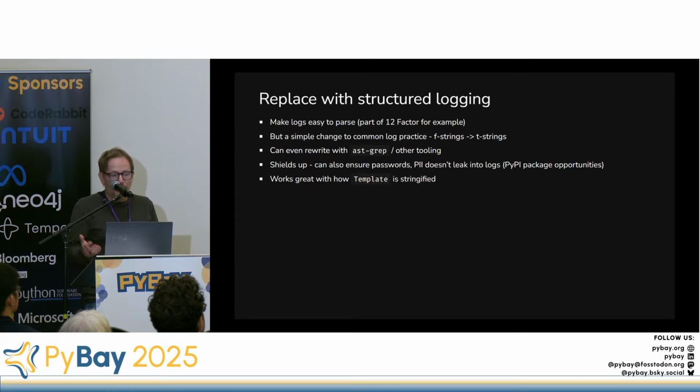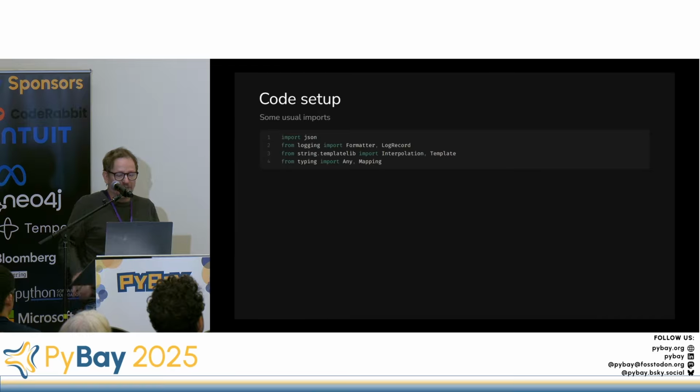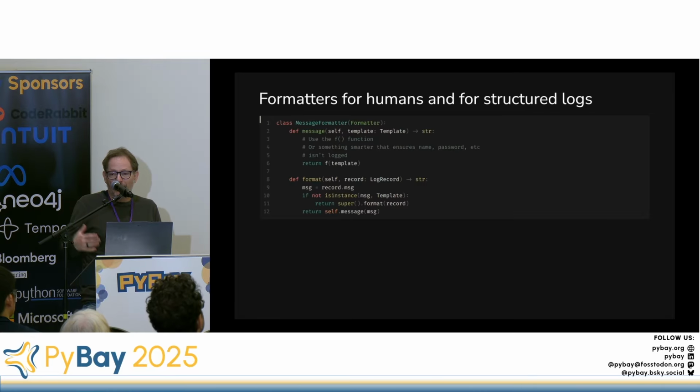And the important thing is it starts with common practice now and does the additional work that you would need. So I'll show you how this is actually implemented. Again, this is in the PEP 750 docs if you wanted to go into more details. So we have our usual imports. We have a formatter for humans, us here, and for structured logs that we can then write parsers for without having to actually look at those messages that are optimized for us.